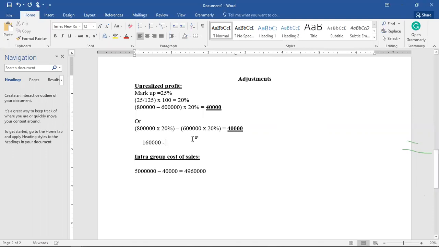The 600,000 multiplied by 20%, how much are you getting? 120,000. So 160,000 minus 120,000 will give you 40,000.